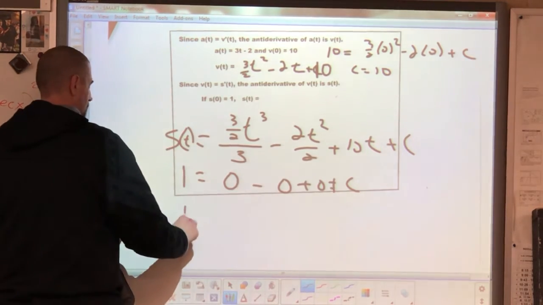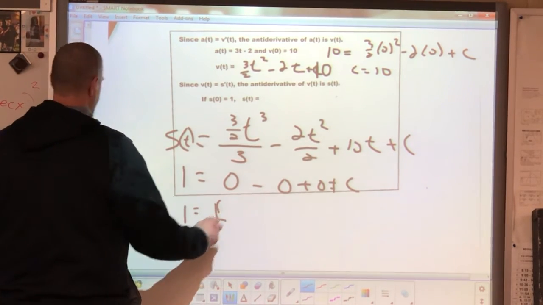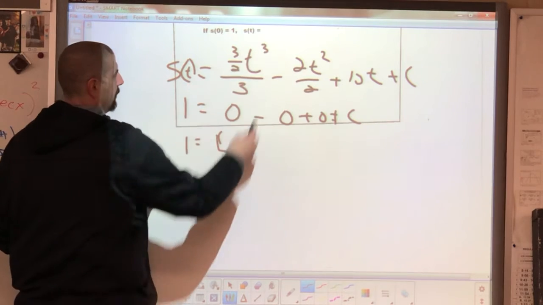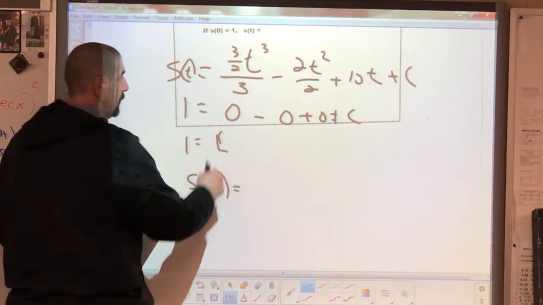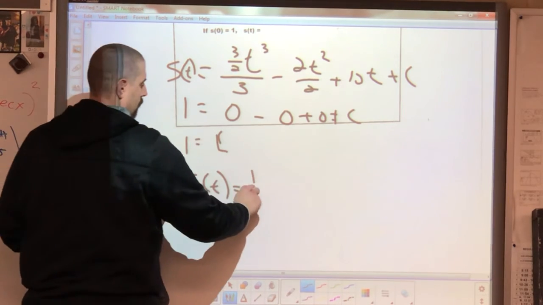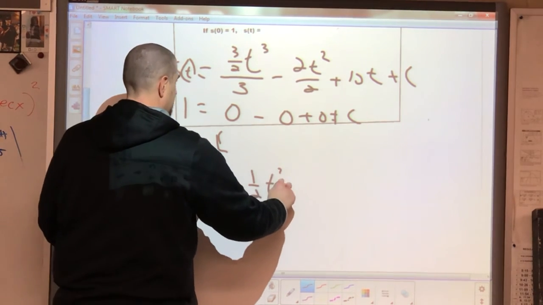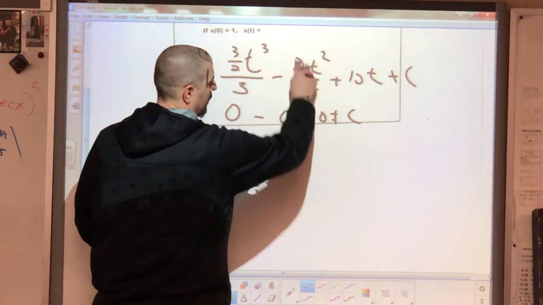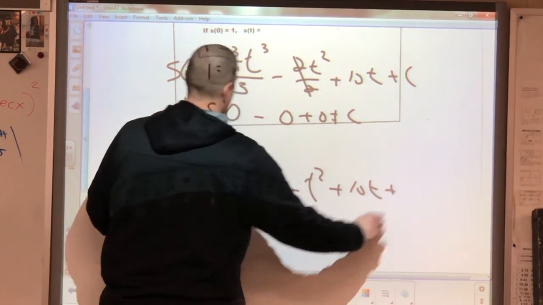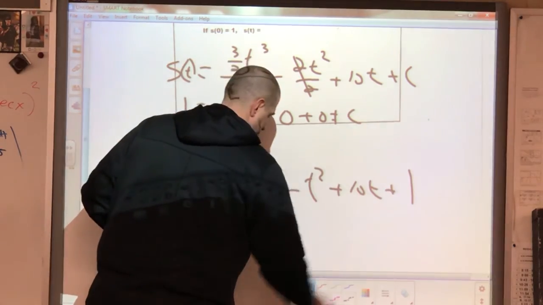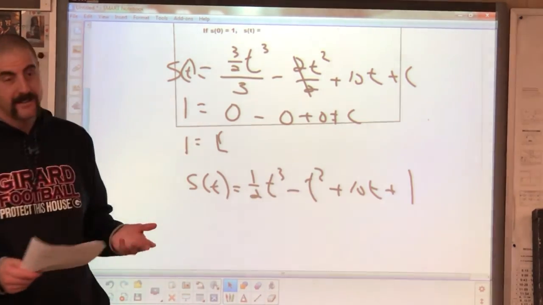So c equals 1. So our final answer, and again, I'll simplify this, is going to be s of t is 3 over 6, which is 1 half, t cubed minus, 2's cancel, t squared plus 10t plus 1. And that's how you do the antiderivatives.